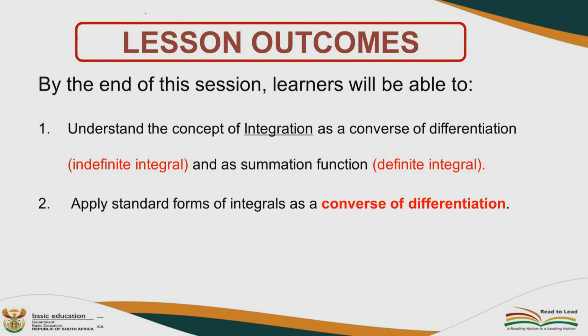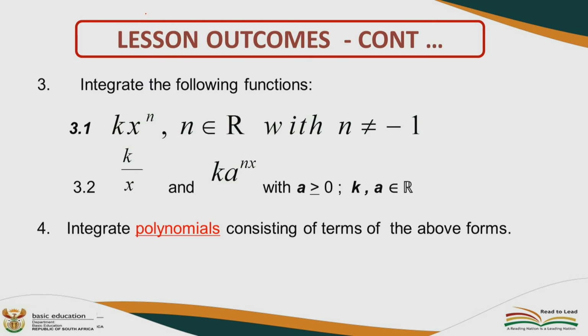or the converse of differentiation, where we should be looking at 3 standard functions, which we are going to list. The third outcome is where I will show you those standard integrals. 3.1 is k, which is a constant, multiplied by x to the exponent of n, where n should be a real number and must not be equal to -1.